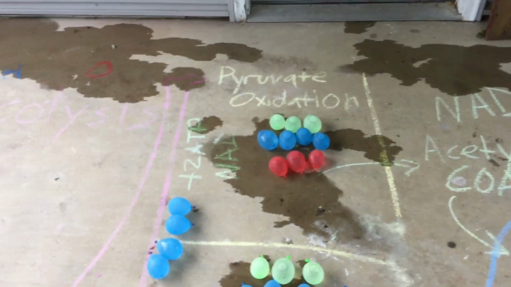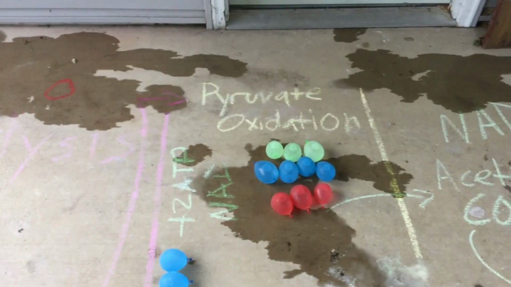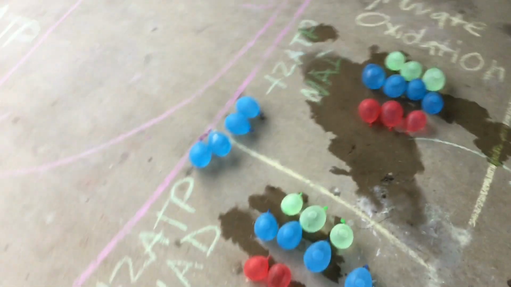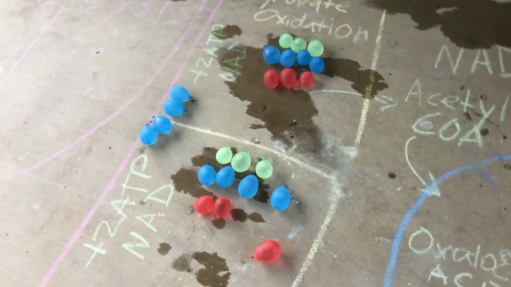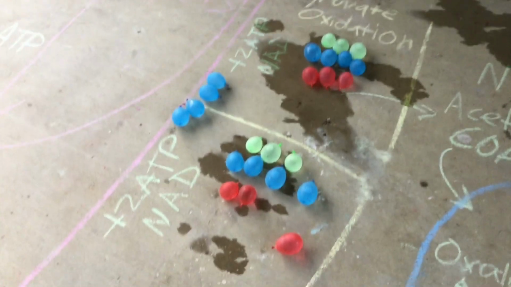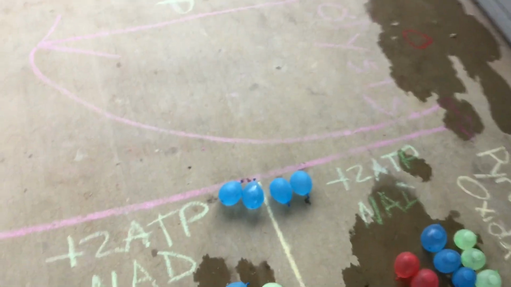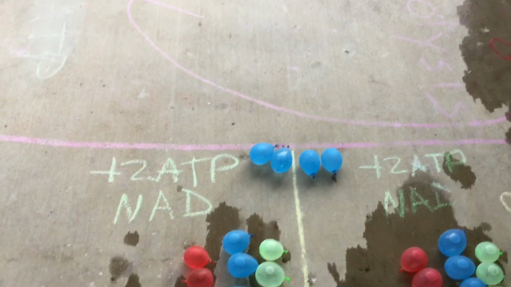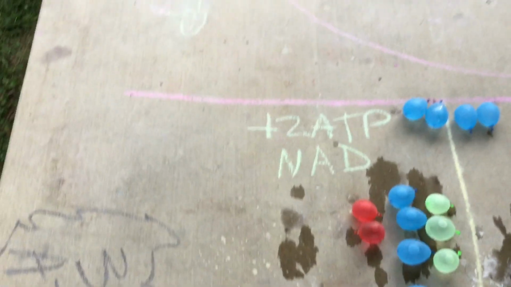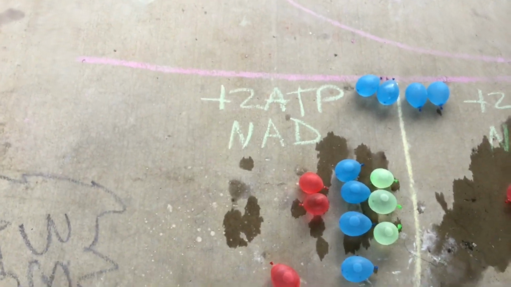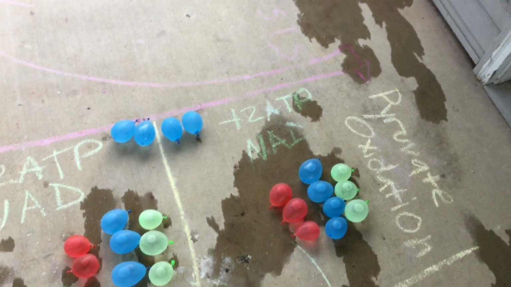All right, so the next part of the process is the pyruvate oxidation. If you notice here, the pyruvic acid is made up of 3 carbons, 4 hydrogens, and 3 oxygens. That leaves us with 4 extra hydrogens. This process generates 2 ADPs per pyruvate.